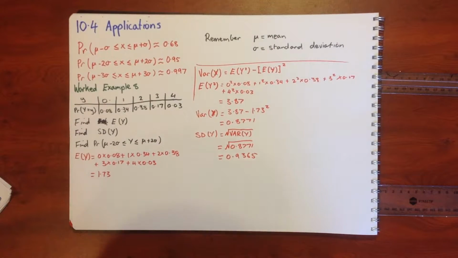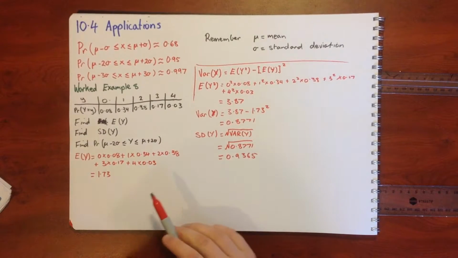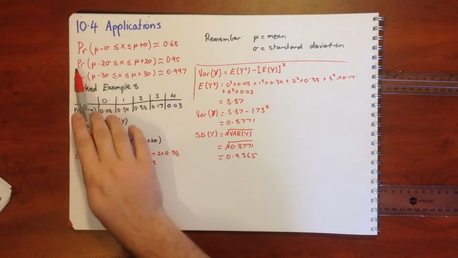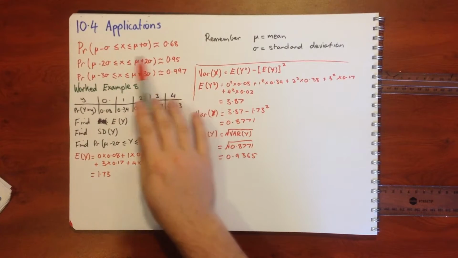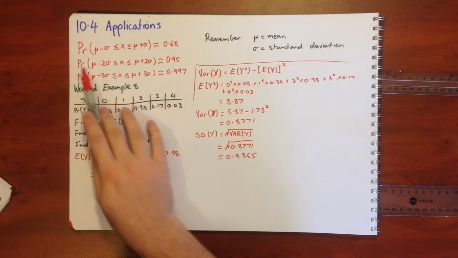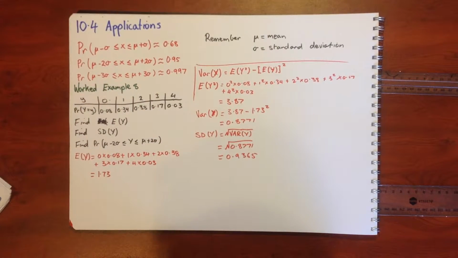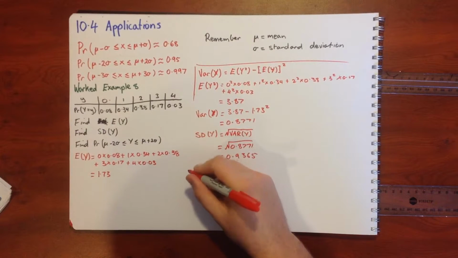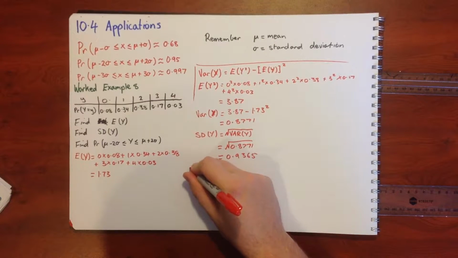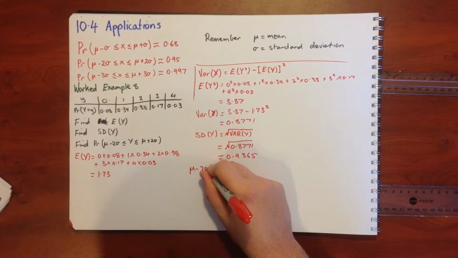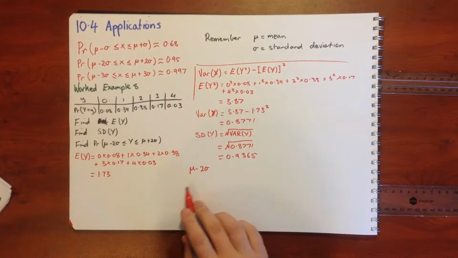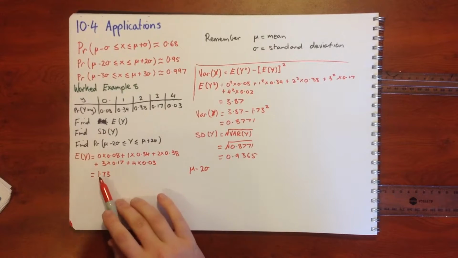Part C, we're asked to find the probability that y is within two standard deviations of the mean. Now we're not just allowed to use this rule, because we don't have a normal distribution, but you'll find that our answer will actually be quite close to that anyway. So we'll work out mu minus 2 times our standard deviation. Remember, our mean is our expected value.